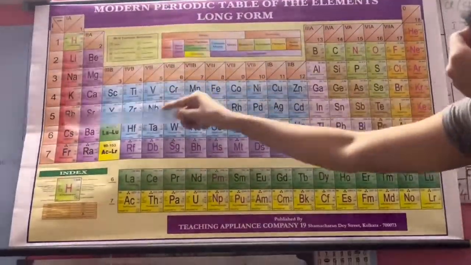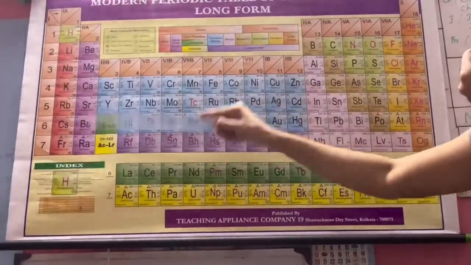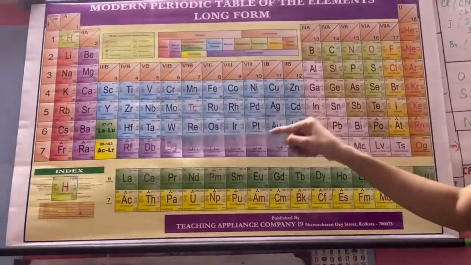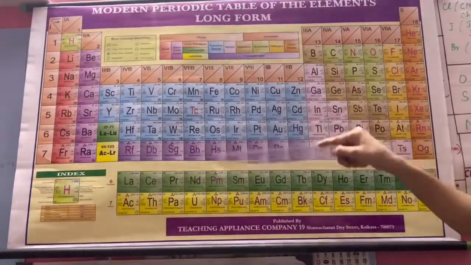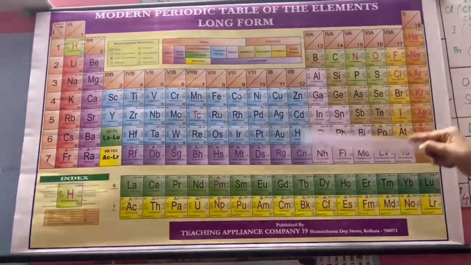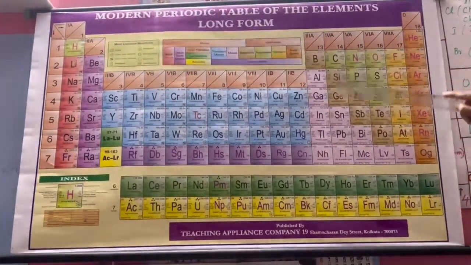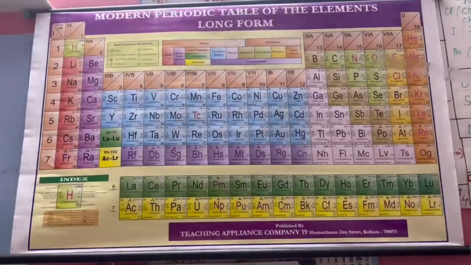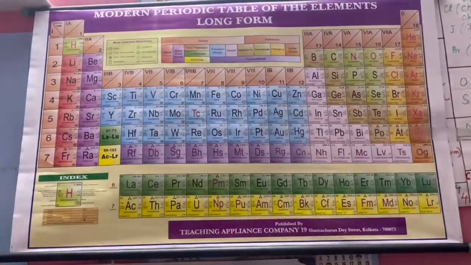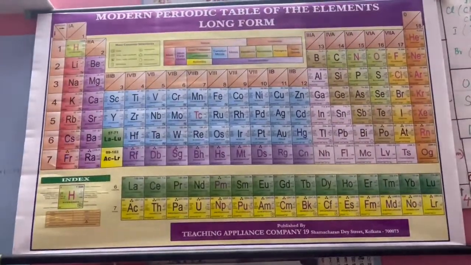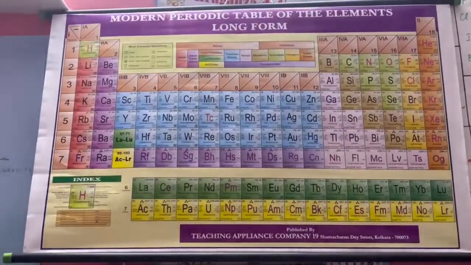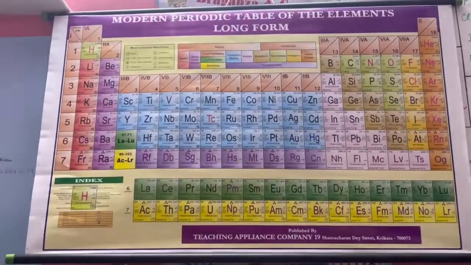So this is group 1, group 2, group 3, group 4, group 5, group 6, group 7, group 8, group 9, group 10, group 11, group 12, group 13, group 14, 15, 16, 17, and finally group 18. So there are 18 groups. Vertical columns of the modern periodic table are called the groups.